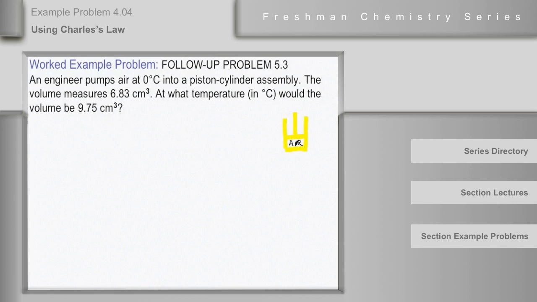The air is trapped inside the piston cylinder apparatus at 0 degrees Celsius, and under those conditions, the volume is 6.83 centimeters cubed. The question is, at what temperature in degrees Celsius would the volume be 9.75 centimeters cubed?